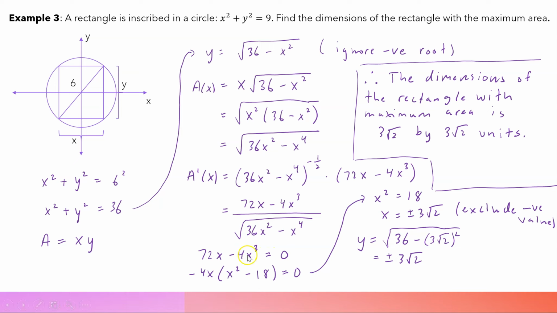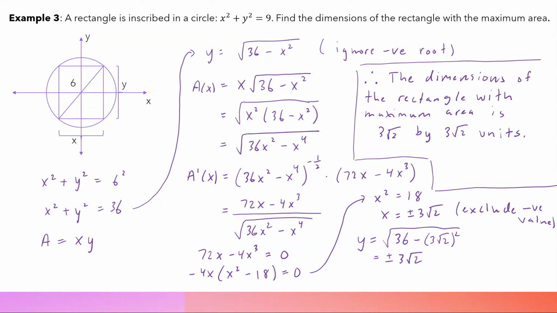Now factoring the numerator of the derivative, I end up with negative 4x times x squared minus 18. The critical values that I get here are plus or minus 3 root 2. I exclude the negative value because x cannot be negative here since it's a length.